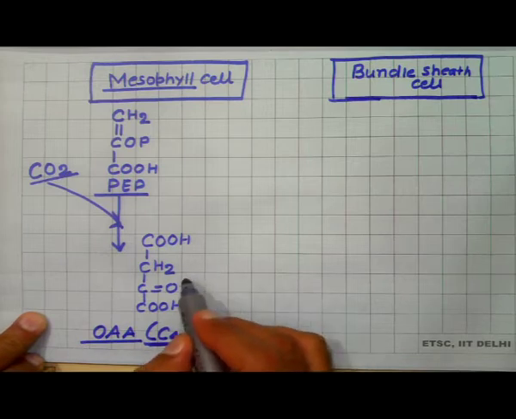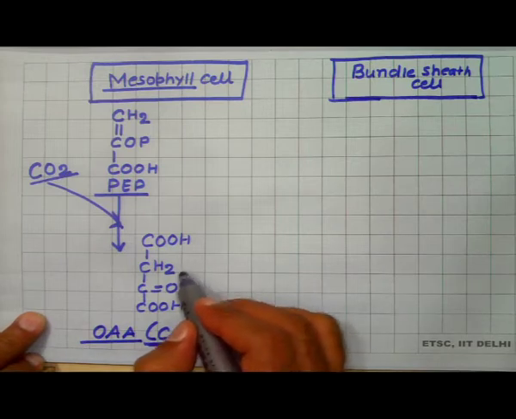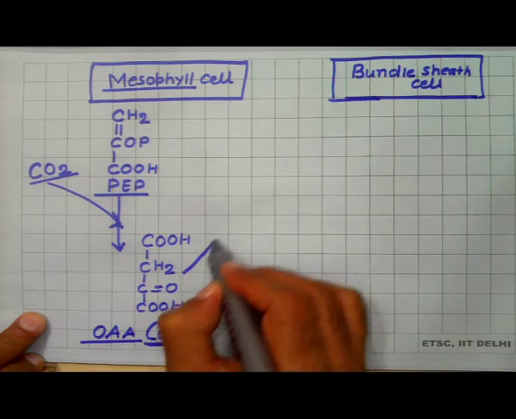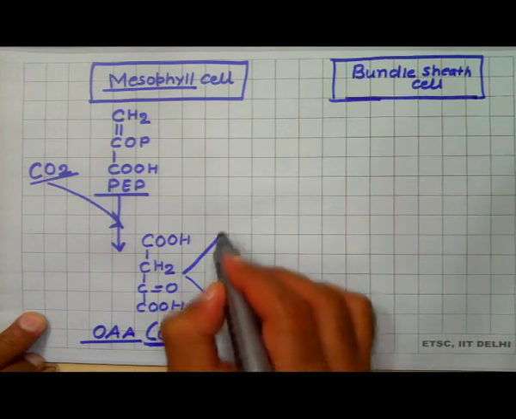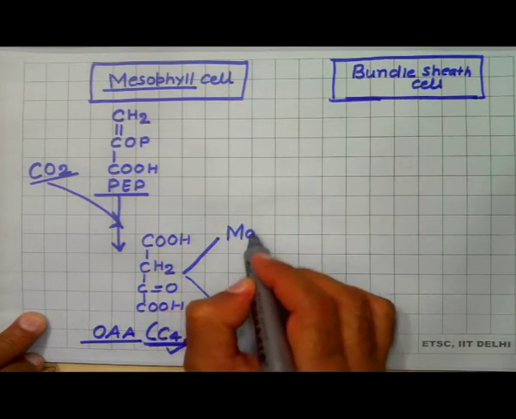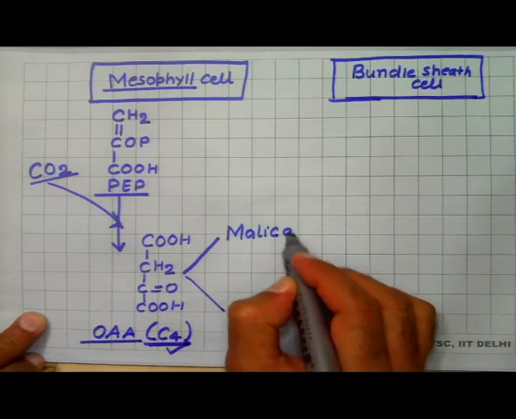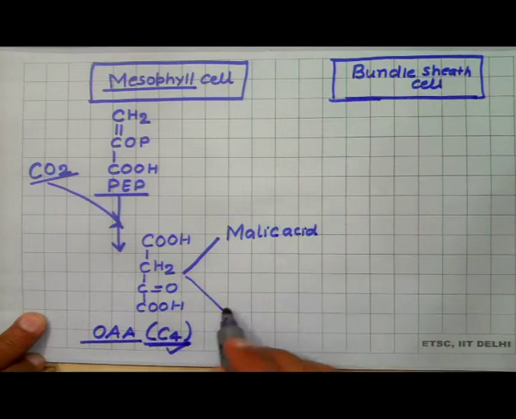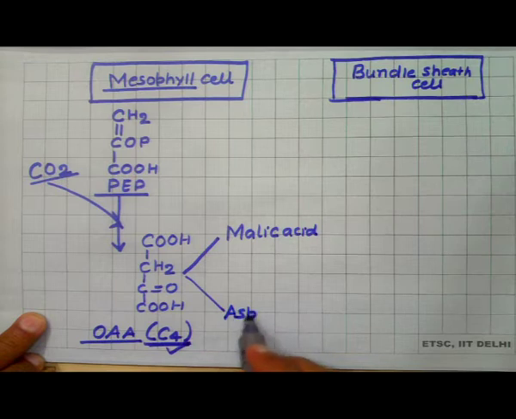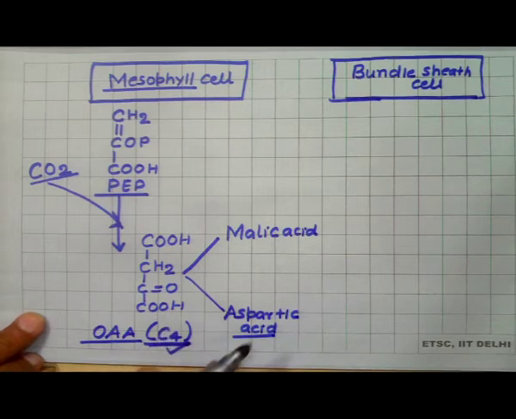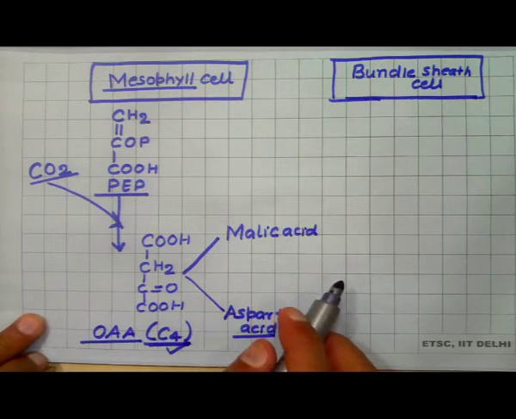Here there are two options. In mesophyll cell, it forms malic acid and aspartic acid. As it depends upon the presence of enzyme as well as NADPH2 and NH3.